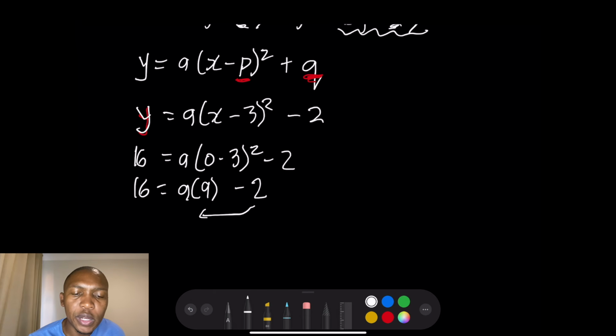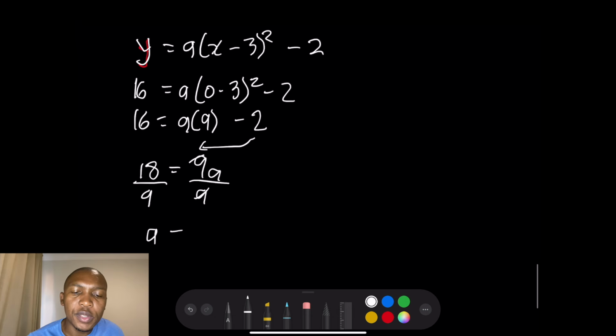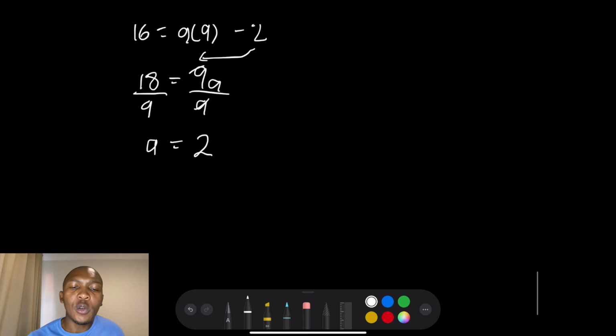So in this case, you'll have 18 is equal to 9a. And if we divide both sides by 9, of course, we get the very same result, that a is equal to 2. So what you can do now is go back to the original equation.